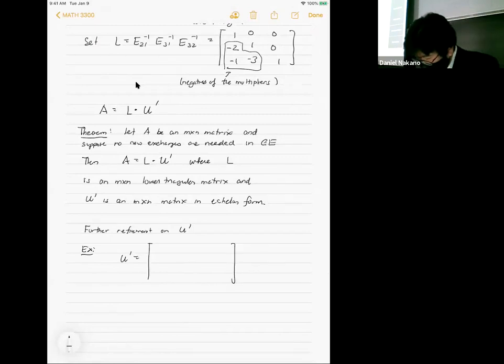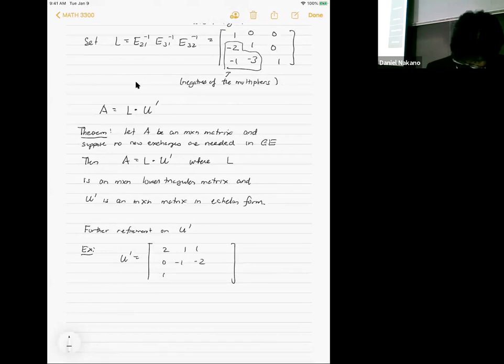So I have 2, 1, 1, 0, minus 1, minus 2, and 0, 0, minus 4. Okay. So what you can do now with U prime is you can factor further so that the 2, minus 1, and minus 4 become 1s. And the way you do that is you just divide the first row by 2 and divide the second row by minus 1 and divide the third row by minus 4.